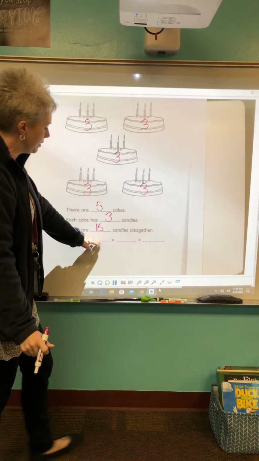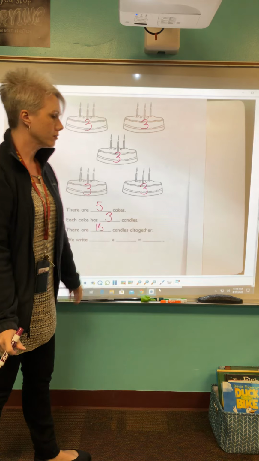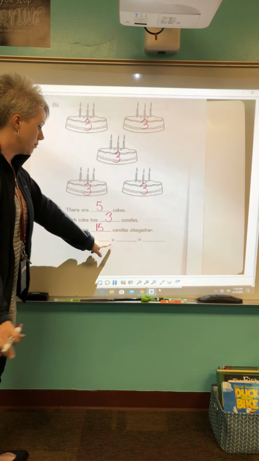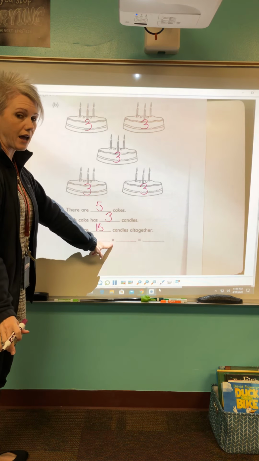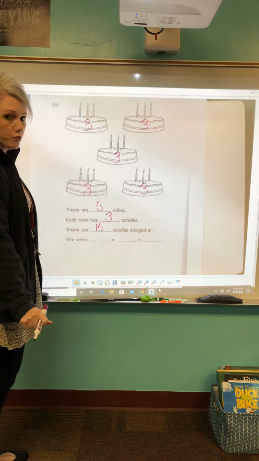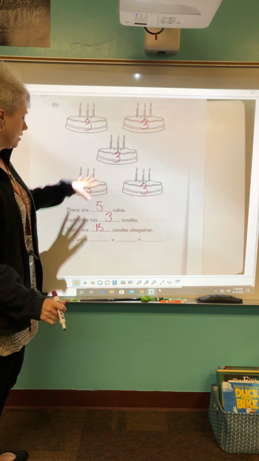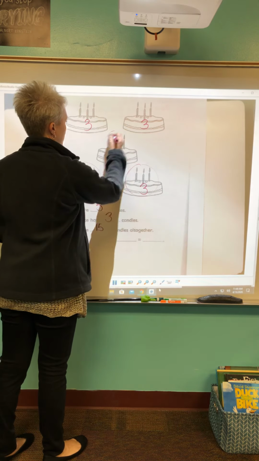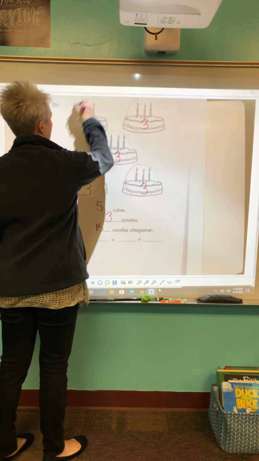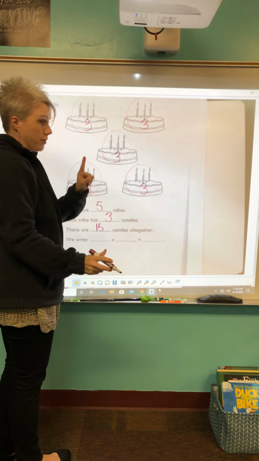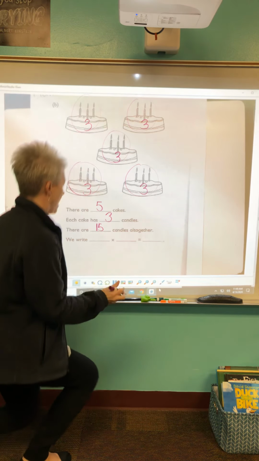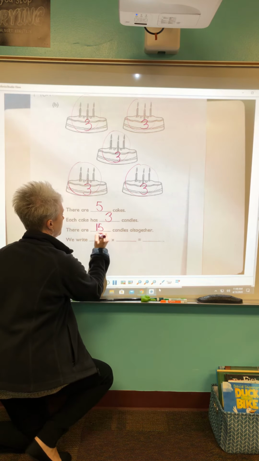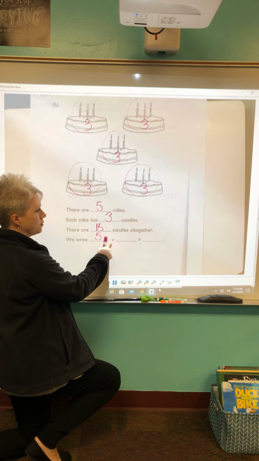We write blank times blank equals blank. So, remember, X means multiply, and that stands for groups of. So how many groups do we have? 1, 2, 3, 4, 5. That's our first number. The number of groups we have is our first number. We have 5 groups of.